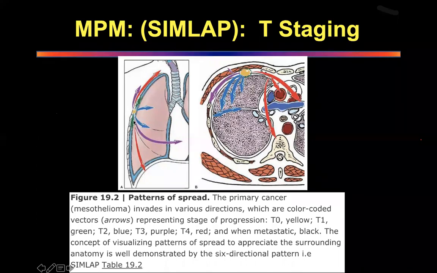If you look at purple, which is going across either into the mediastinal fat or into the chest wall, can you see that? It's going into the chest wall, that is T3. And then T4 goes all the way to the organs in the mediastinum or goes to the contralateral pericardium. This is a simple way. It's called the SIMLAP way of understanding the T staging of mesothelioma.